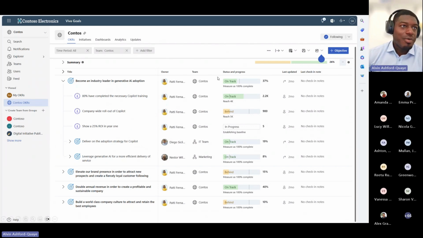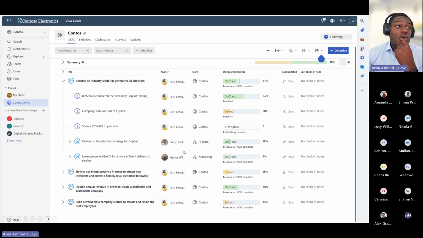What's interesting here is that you can see that the objective overall is on track. And that is being driven by these particular outcomes here, which are on track, behind, and in progress. So the whole idea is I want to understand who is accountable for this at different stages or different parts of the organization.